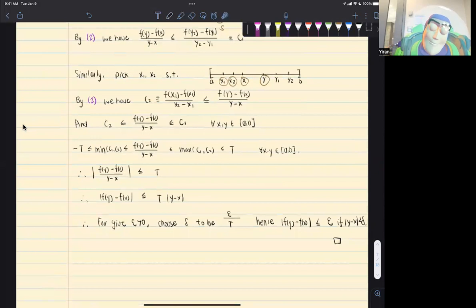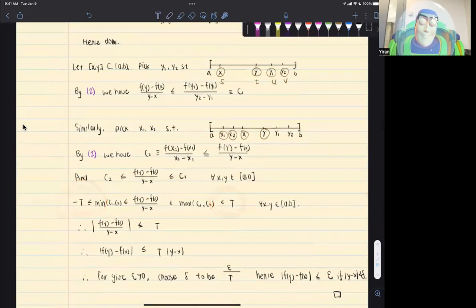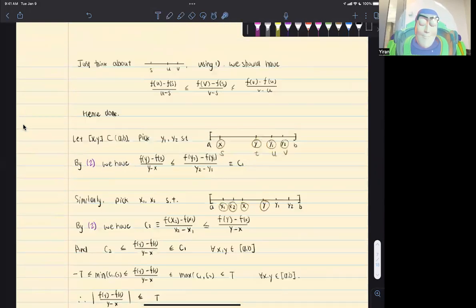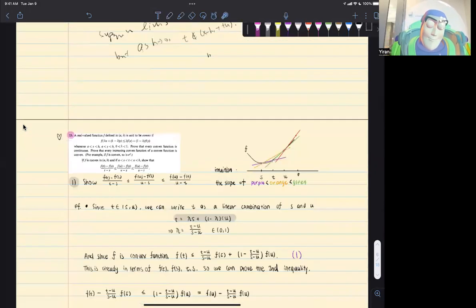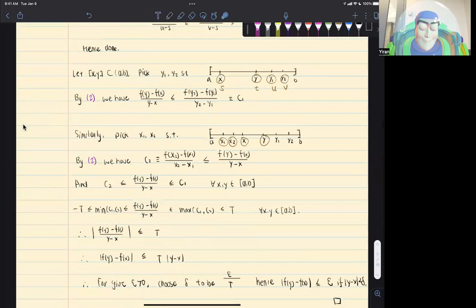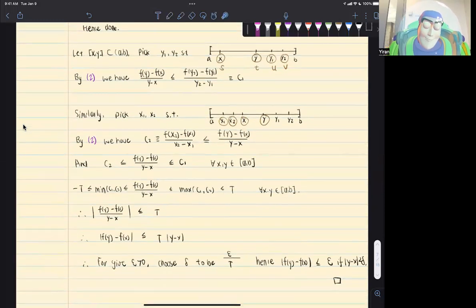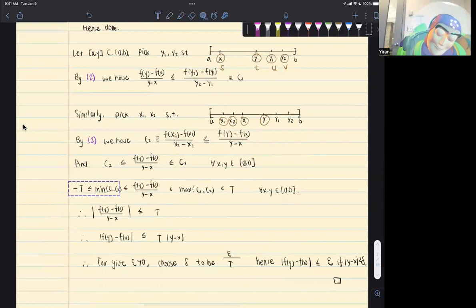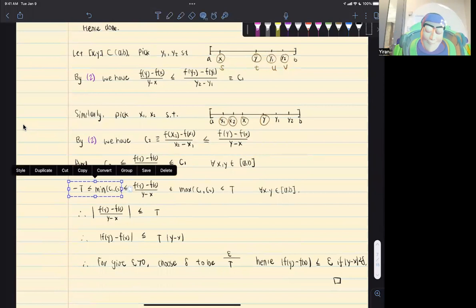I think such a t exists because C1 and C2 are finite values. So the mean. Oh, I'm sorry.